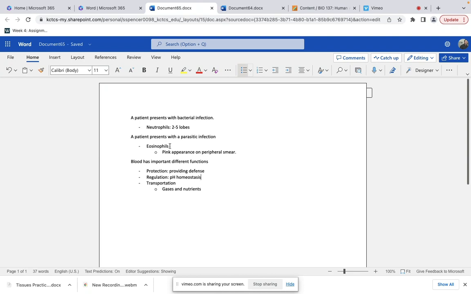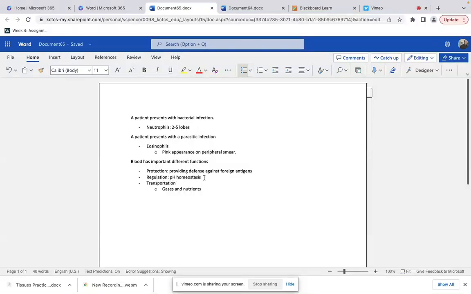Okay. Next, knowing the blood's different functions. For example, white blood cells serve an important immunological role within the blood. During an active infection, they provide defense against foreign antigens. This would be an example of protection. If for some reason I was to mention pH homeostasis within the body, that's regulating the body, right? It's regulating the pH.